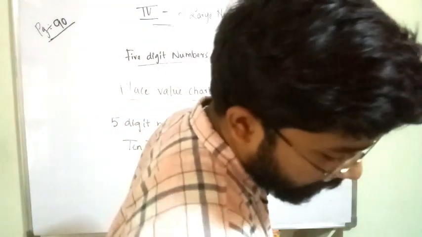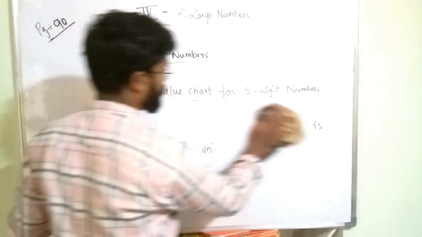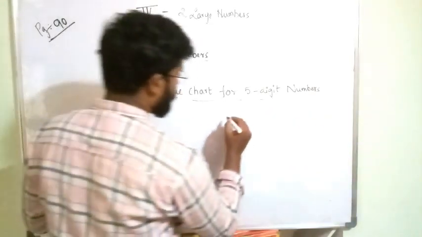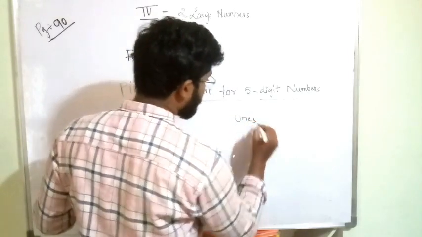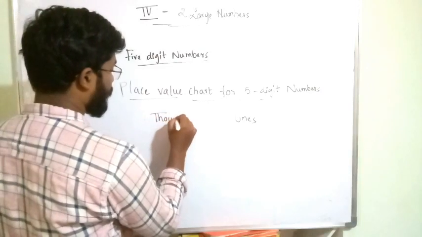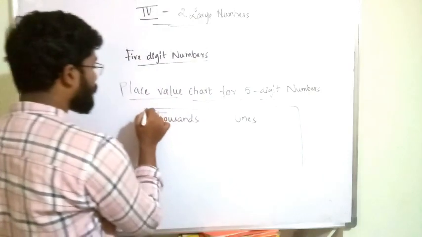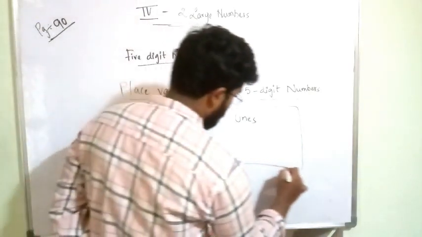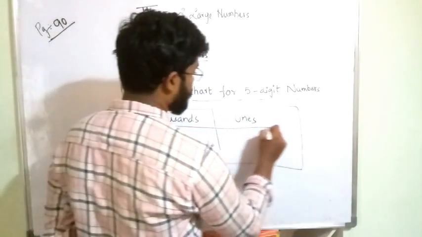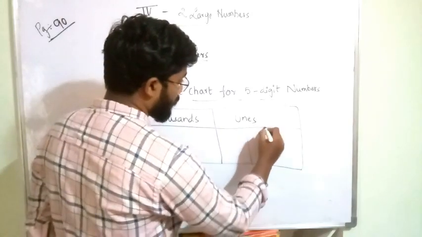So let us look at the chart now. There is the ones period. For 5-digit numbers there is a thousands period also. Okay. If you look at this carefully, number systems is not introduced to you, I think. Then there you will get the clarity.